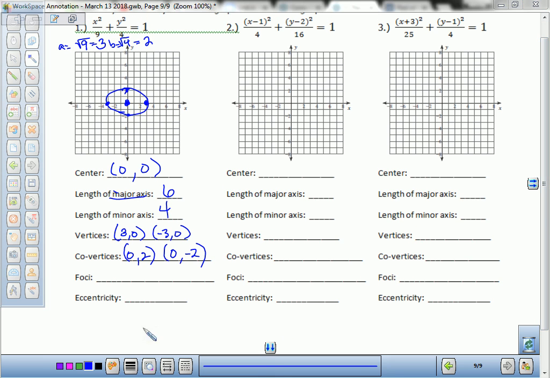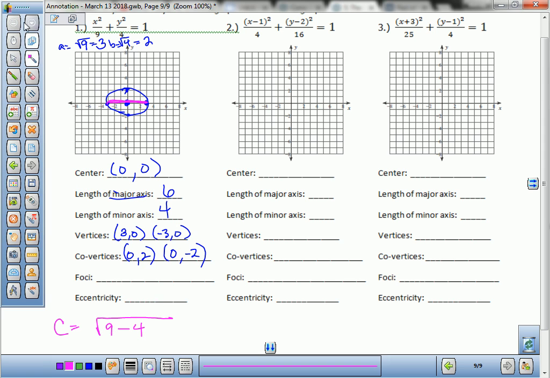Alright, so now we're going to find those foci. We know they're somewhere on that major axis. So let's find them. To calculate one focus, we would do a squared minus b squared, the bigger denominator minus the smaller denominator.